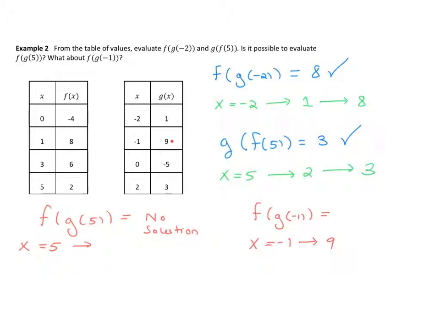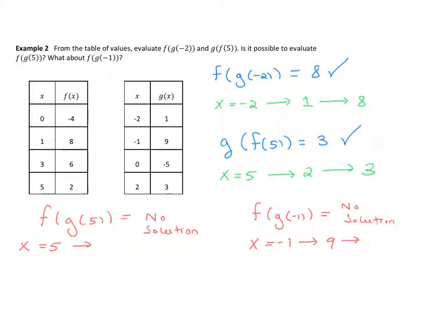Now we have to take this value 9 and find it over here for f. And here's a problem. There's no value over here which we can plug into the function f. 9 doesn't appear on the list. So the process actually, again, stops. There is no solution. There's just not enough information to move forward in this process.